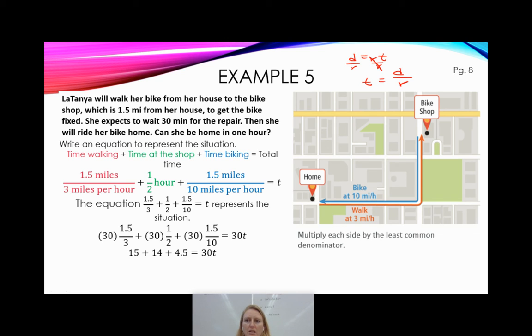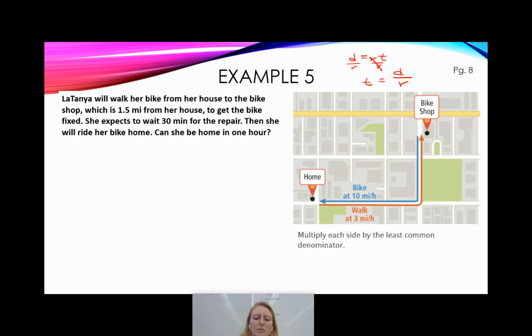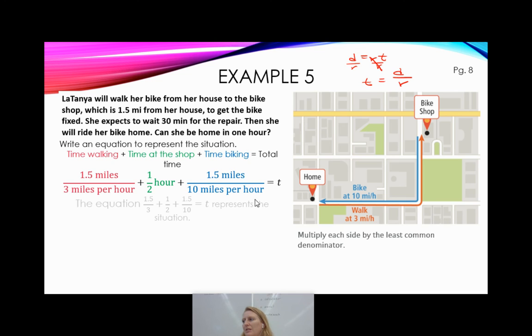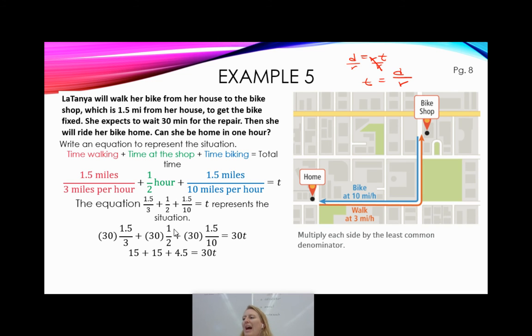Hang on, I'm going to fix it. That should be a 15. Better. So half of 30 is 15. Sorry for that, that was a mistake on my part. And then 30 times 1.5 divided by 10 gives me 4.5. There it is. So beautiful.